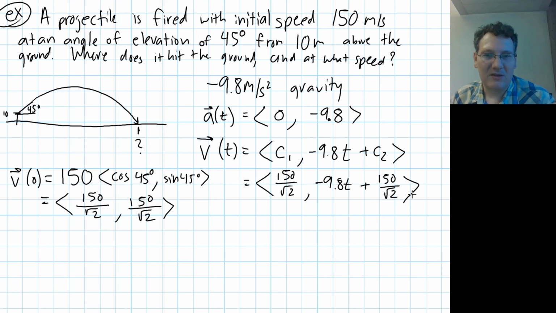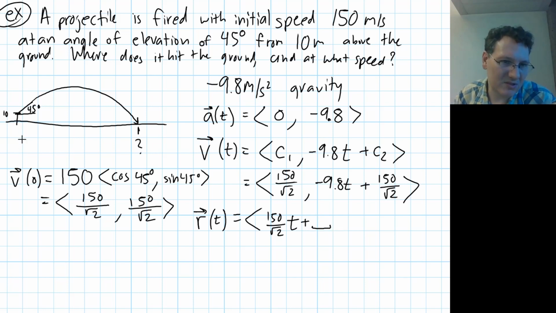Now to find the position function, we're going to integrate this, and so we're going to get 150 over root 2 t plus the starting position, right? What is the starting position here? We're going to call that 0, comma 10.